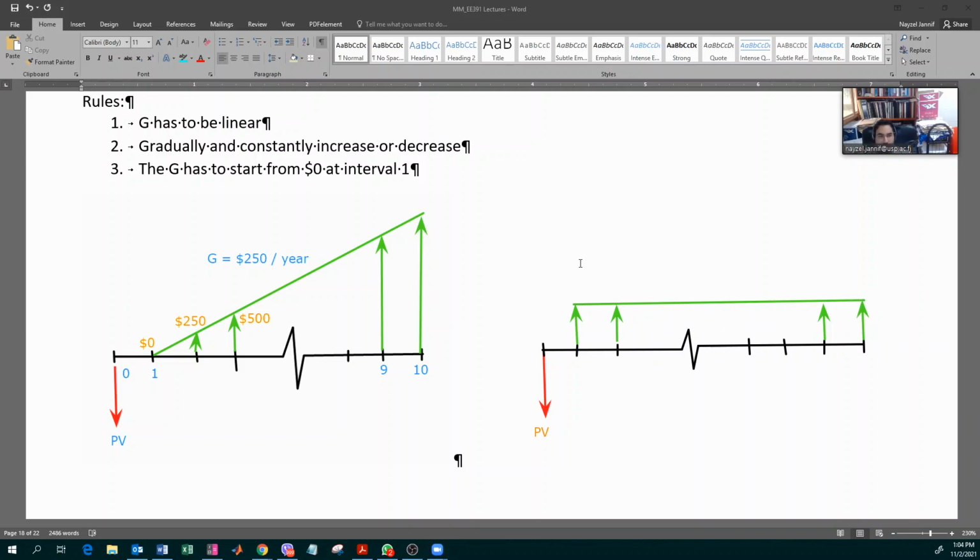And you have some value of A, right? So what we want to do in the end is we would like to convert this gradient into this.